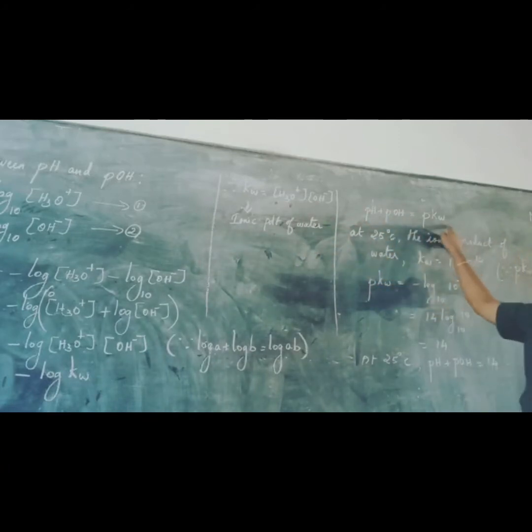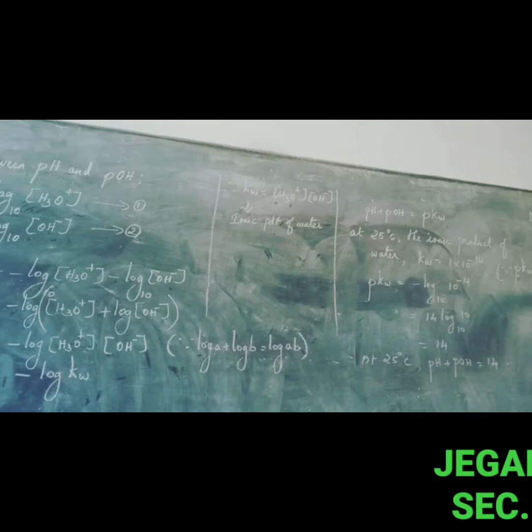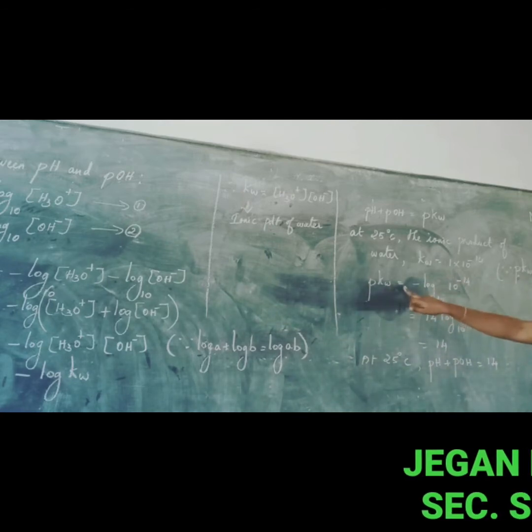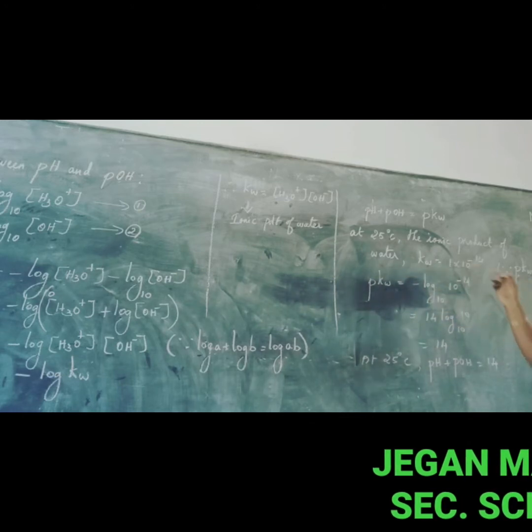Write here pKw. At 25 degrees Celsius, the ionic product of water Kw is 1 into 10 power minus 14. Therefore pKw is equal to minus log base 10 of 1 into 10 power minus 14.